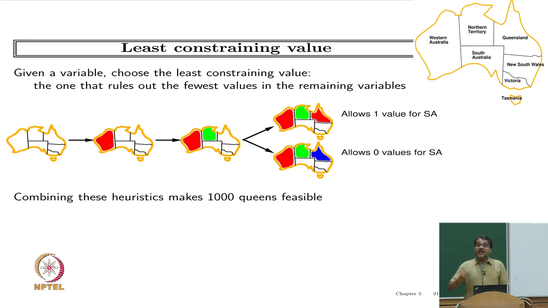And if I find that there is one value which reduces everybody's domain, possible values, much more, and another value that reduces their domains less, then we will pick the one that reduces their domain less in the hope that we will find a solution in this subtree.